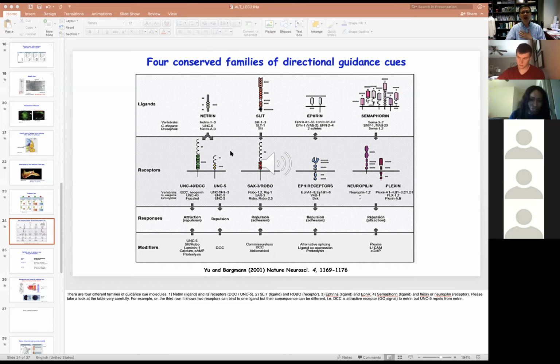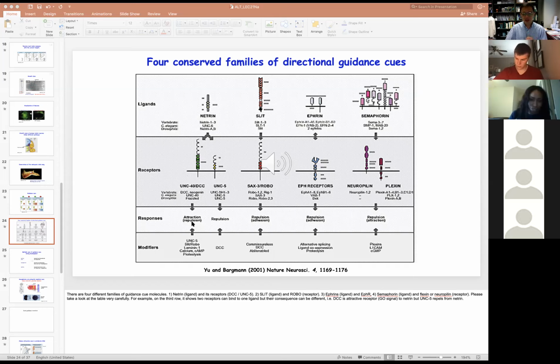So let's say they found netrin. We're going to talk about everything in here, but netrin is the ligand. Then they found out there are two kinds of receptor binding to netrin. So there's UNC-40, or in vertebrates it is DCC, and then UNC-5, which in vertebrates they still call UNC5. But look at the response: when the cell has DCC, the response to netrin is attraction.